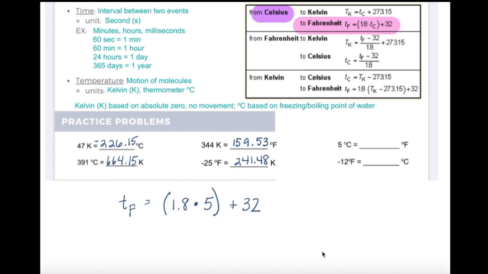So you're going to do whatever's in the parentheses first. First, multiply these two numbers together, 1.8 times 5, and then add the 32, and the answer you should get is 41.